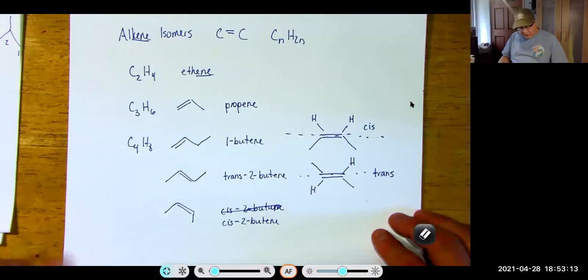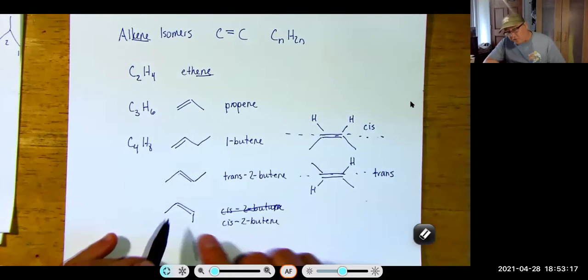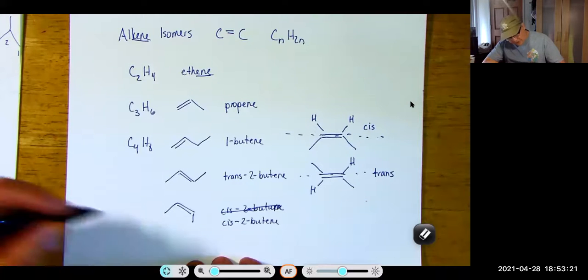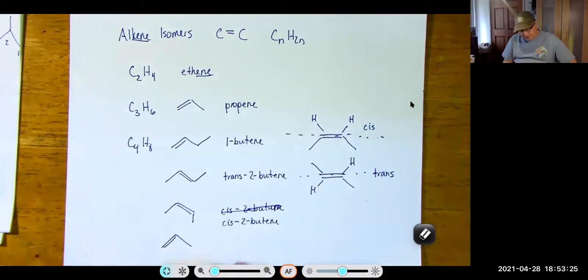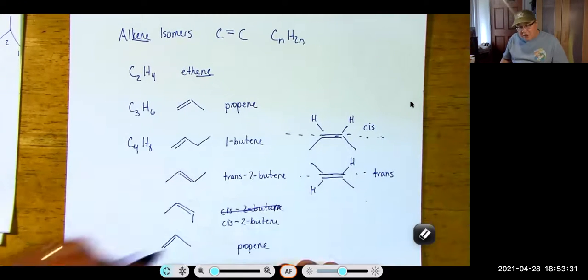Okay. So here we have these two. Now, we're not done with the 4s because it turns out these are all of the 4s we can come up with. But once we're done with the 4s, we go with the 3s. So what do we call that guy? Propene. Now we have to add another carbon to this.